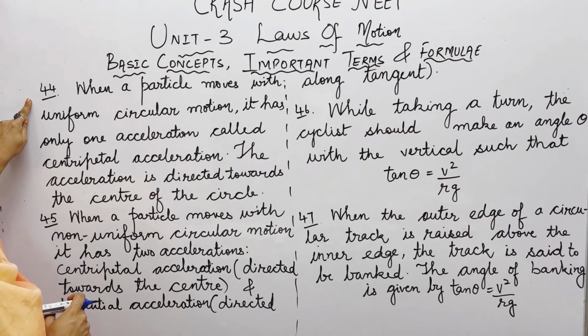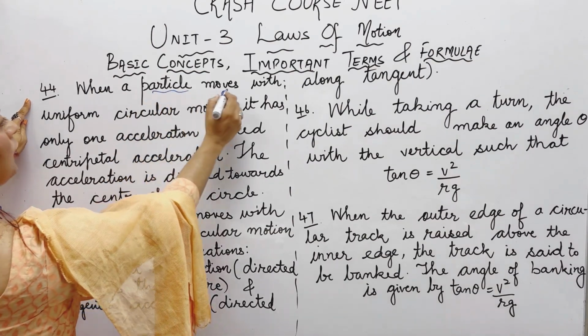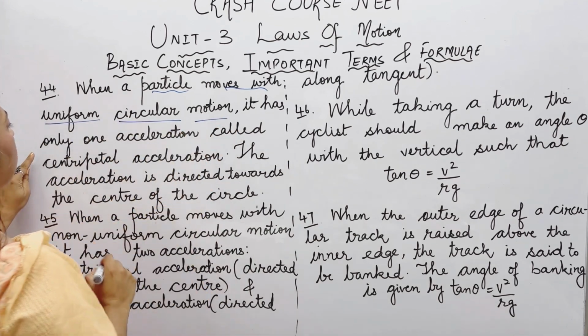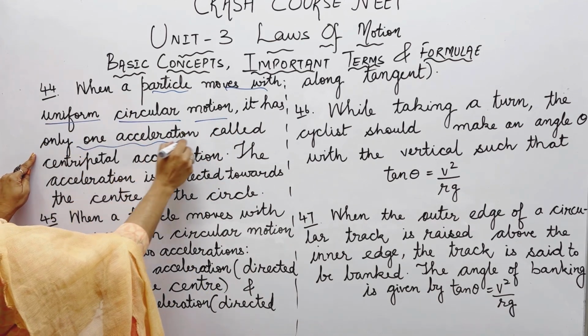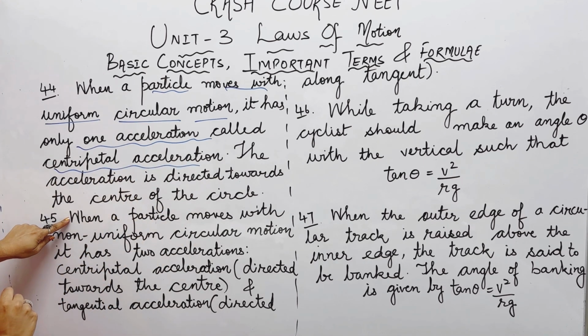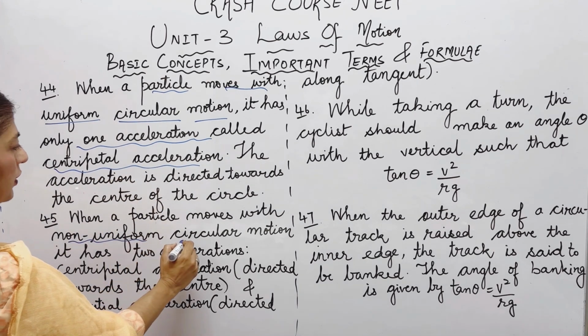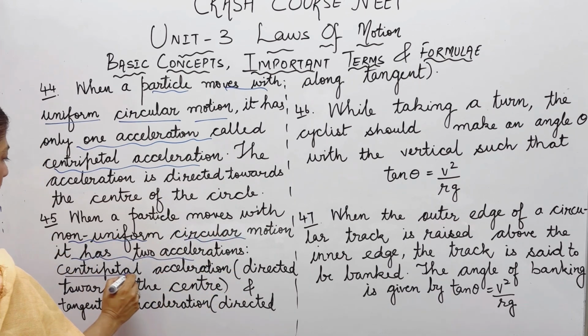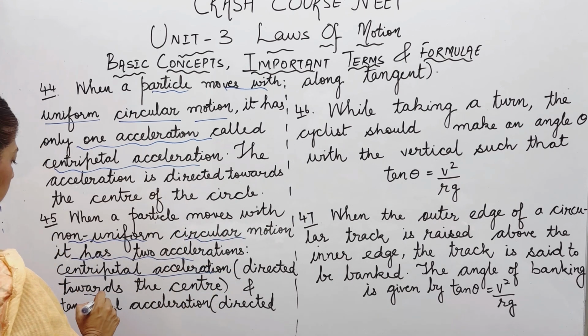Now the 44th point: when a particle moves with uniform circular motion, it has only one acceleration, called centripetal acceleration. But when a body moves with non-uniform circular motion, it has two accelerations, centripetal acceleration and tangential acceleration.